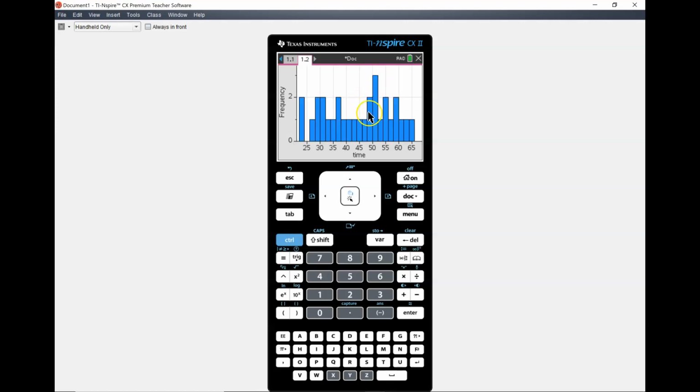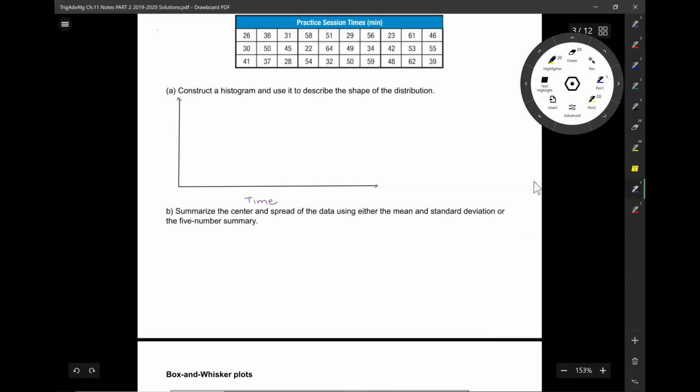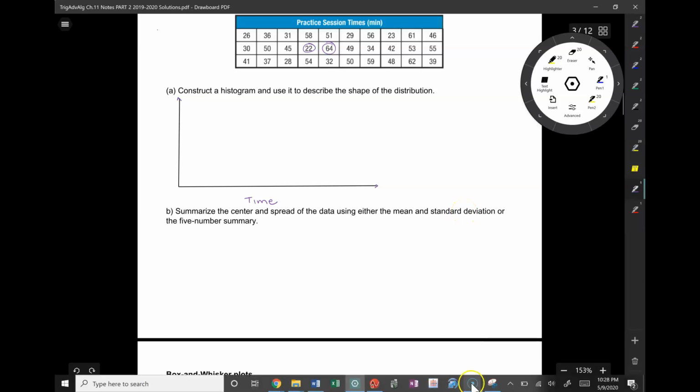Right here, but let's clean it up a little bit, right? So in this data here, you see that the minimum is actually 22, and I believe the maximum is 64. So what I want to do is go from 20 to 70, right? And maybe I want to go by fives here.